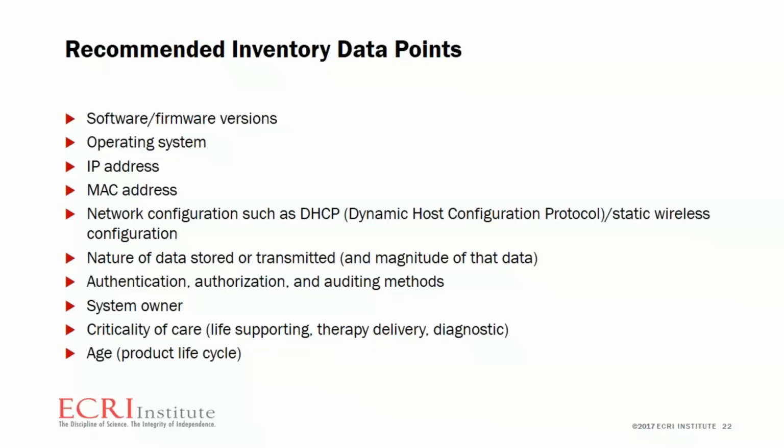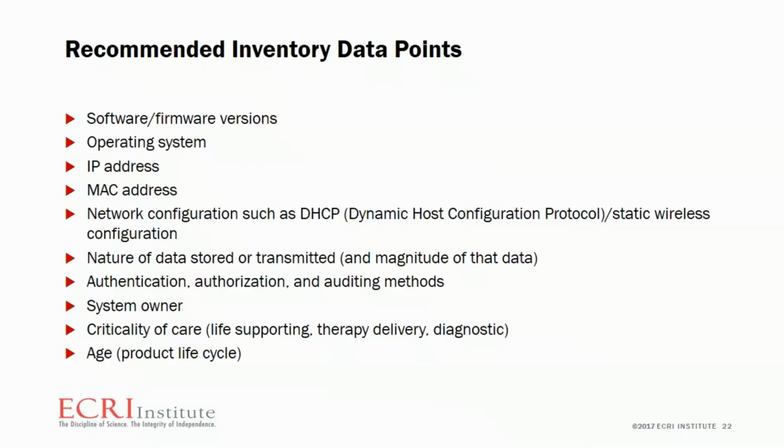This is some recommended information you should be collecting with your inventory initiatives. You should be collecting these when new devices come in and at preventive maintenance. We'll go over a couple of these. There's some software information, some networking information, and there's details about what kind of data is involved.